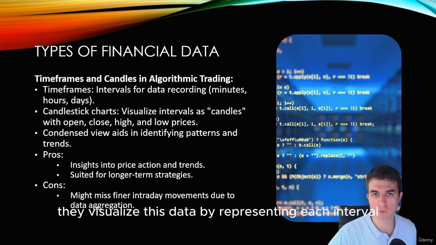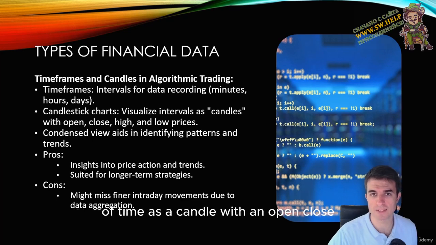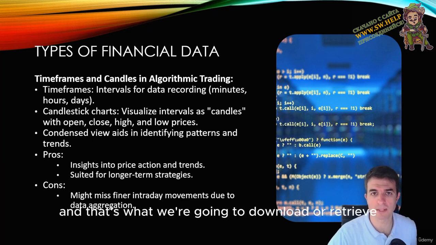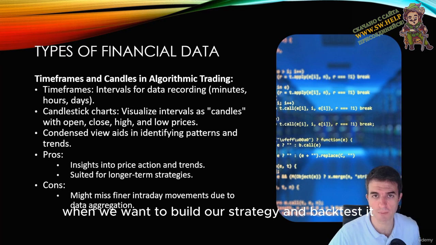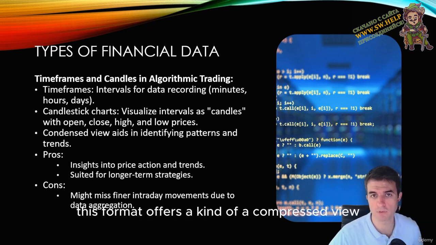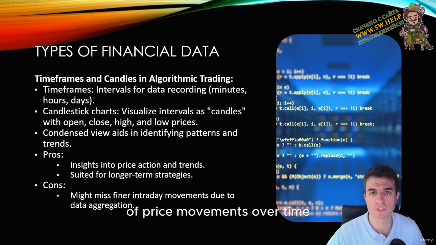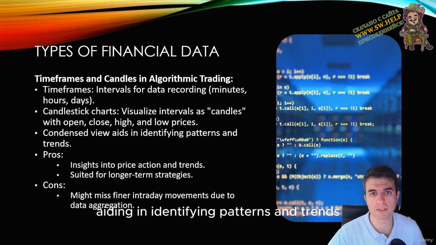Candlestick charts visualize this data by representing each interval of time as a candle with an open, close, high, and low price. And that's what we're going to download or retrieve as historical data when we want to build our strategy and backtest it. This format offers a compressed view of price movements over time, aiding in identifying patterns and trends.